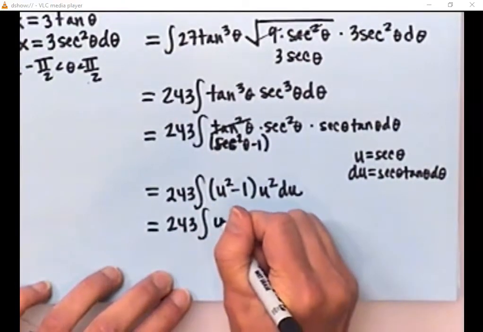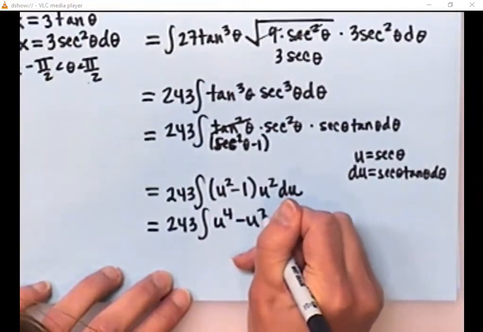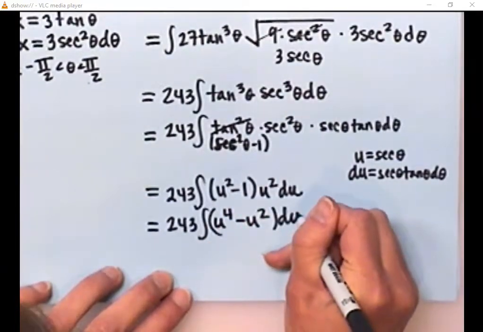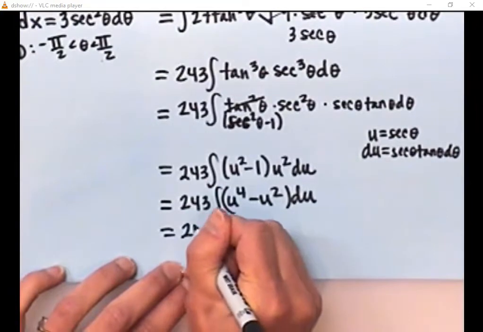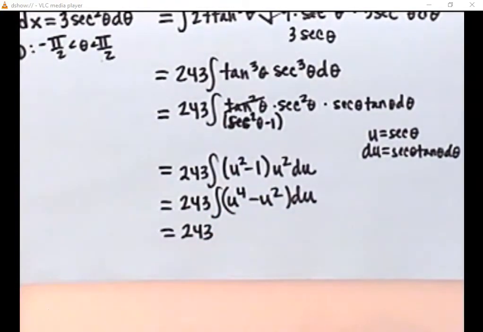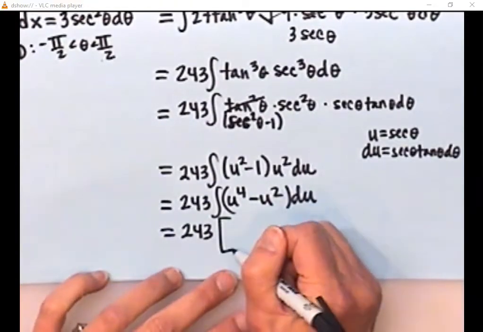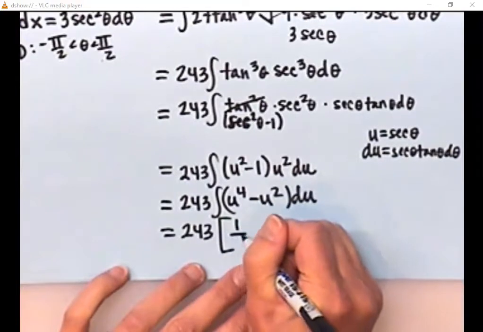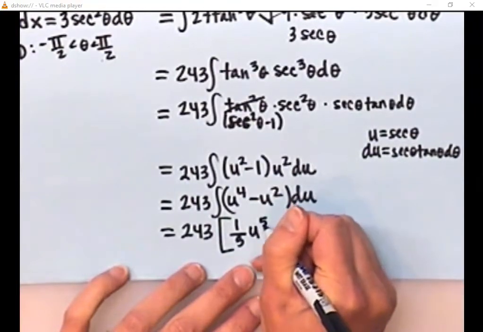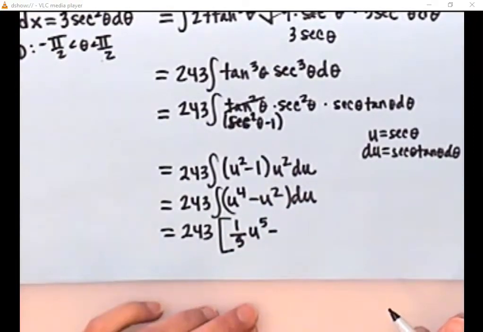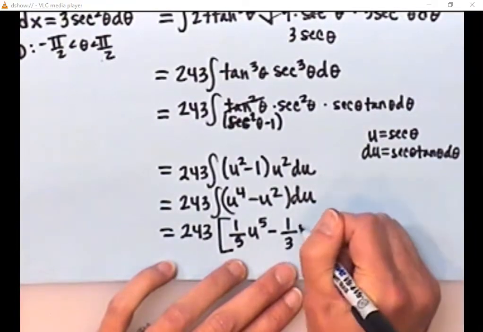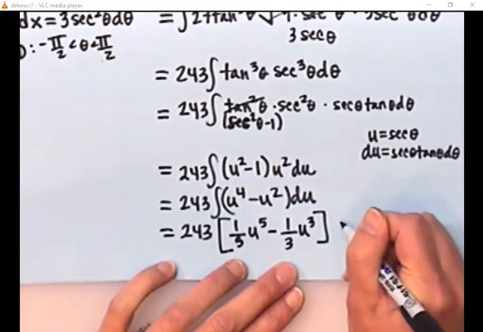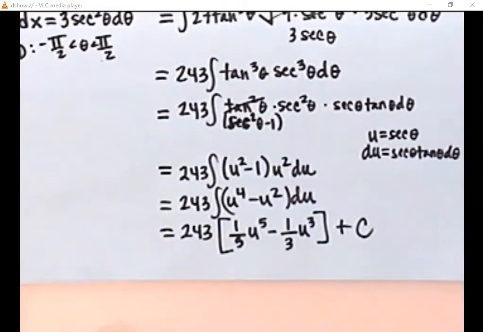So distribute that out, right? U to the fourth minus u squared. And then let's integrate. So what's u to the fourth if I just integrate that? That will be 1/5 u to the fifth minus 1/3 u to the third plus c.